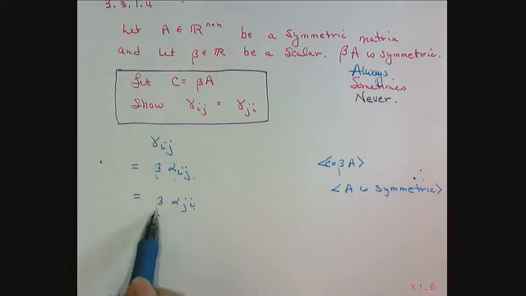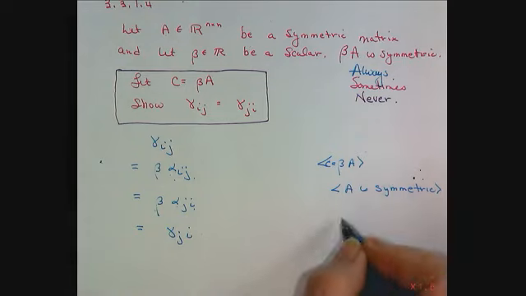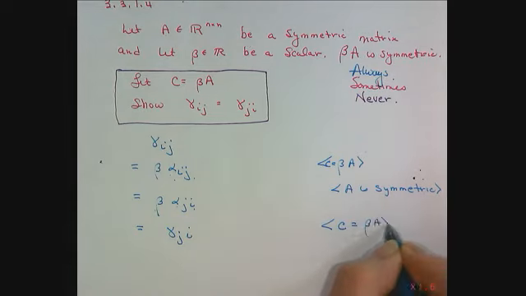Well, we know that beta times alpha ji gives us the entry in C that's in the jth row, ith column, since again, C is beta times A.